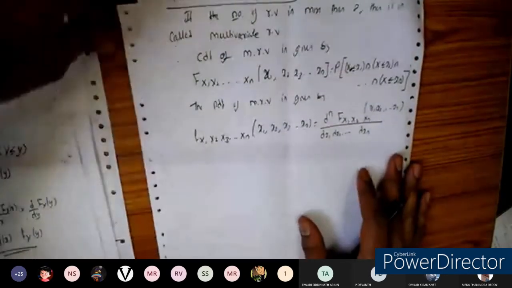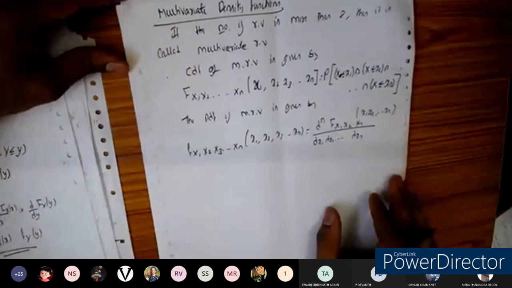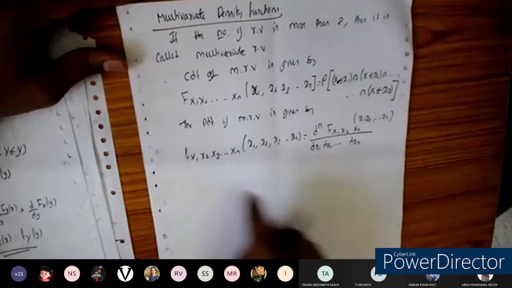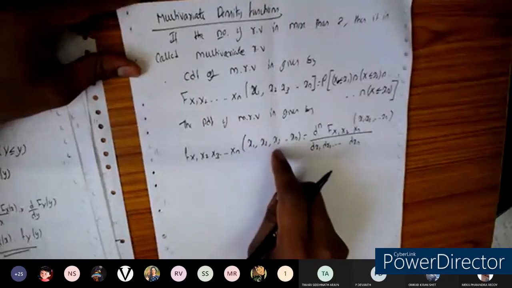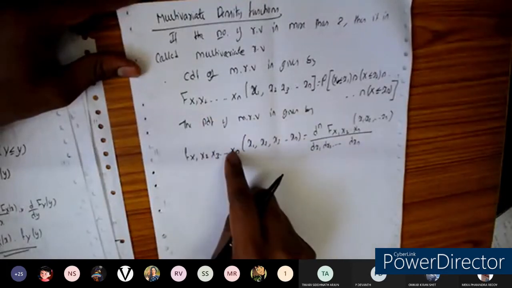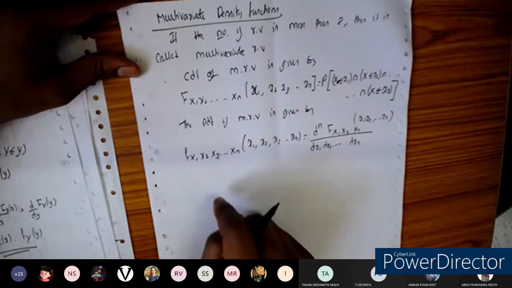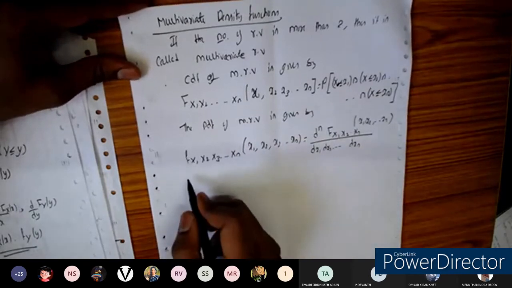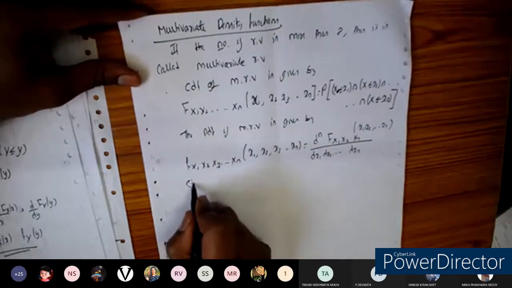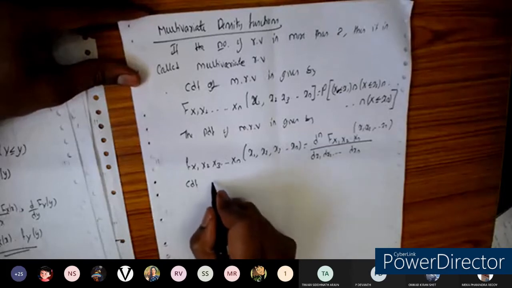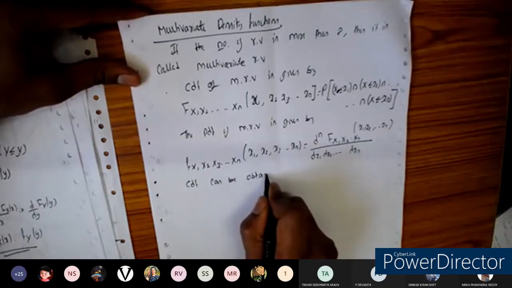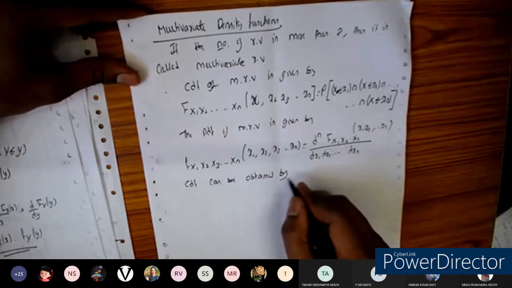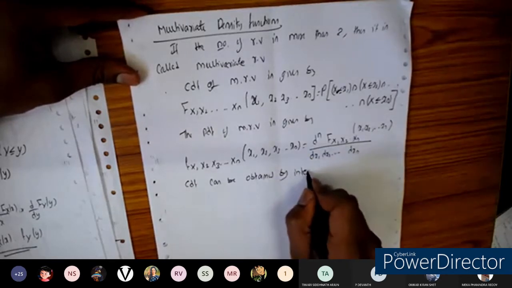Okay. Similarly, we have seen one of the properties of the CDF and PDF. You can obtain the CDF by integrating the PDF. So the CDF can be obtained by integrating the PDF.